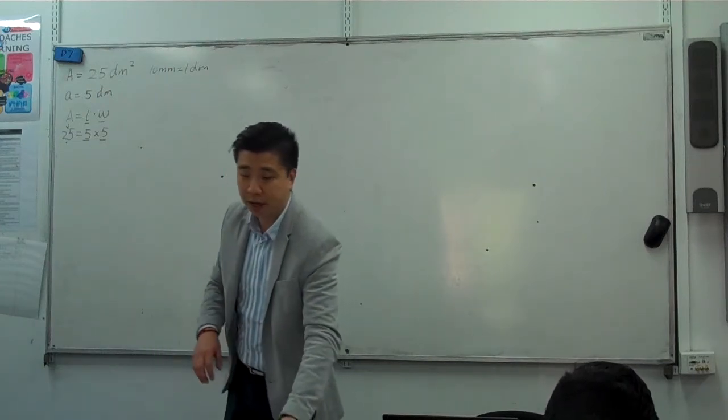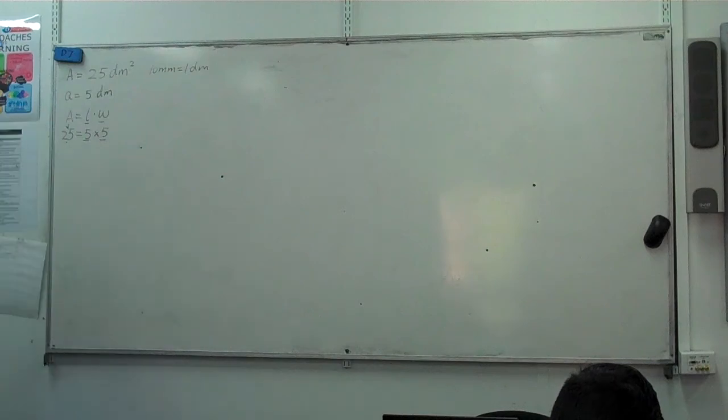Okay, now let's do that. Because 5 times 5 is 25, therefore the area is 25 and the side is 5. Okay, I need to see 5 times 5.